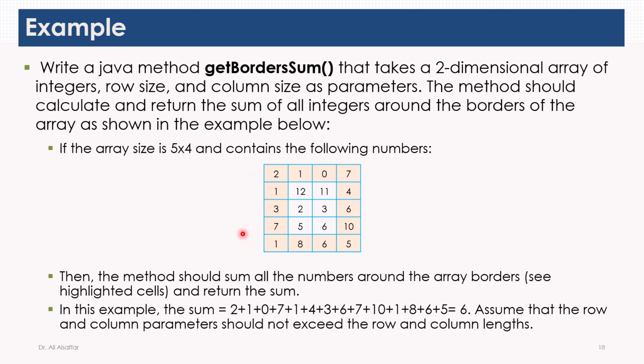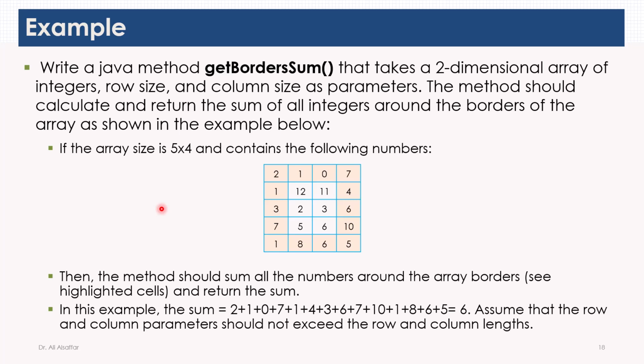And the other loop, which is separate from the first loop, we make it find the sum of column 0 and column - 1. First, let us implement it by processing the array row by row and give you the answer. And then we will show you the efficient way of processing this array without visiting all elements of the array. We visit only the elements that are on the borders and we add them to sum.